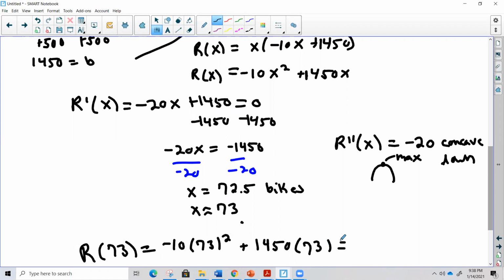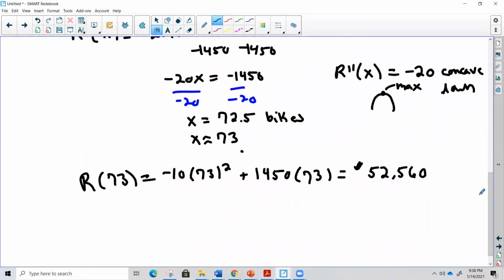So if you do that, you would get, and this is in dollars, $52,560. So that would be the revenue for selling 73 bikes.